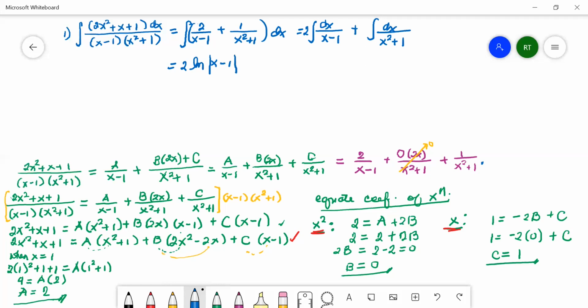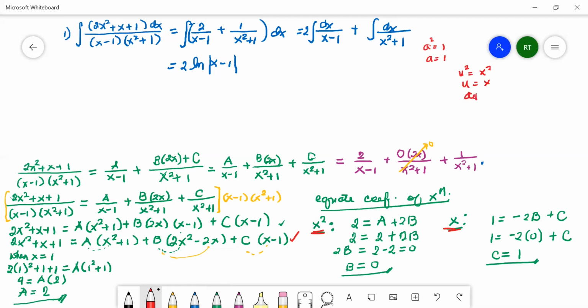The integral of dx over x squared plus 1. Recall that we can evaluate this leading to arctan. This is exactly in the form integral of du over u squared plus a squared, where a squared is equal to 1, so a is equal to 1. Of course, u squared is equal to x squared and u is equal to x.